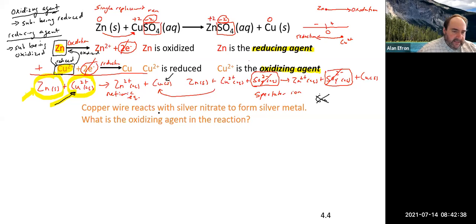So let us first look at what the overall reaction is going to be. In this case, we are going to have copper wire, which is basically solid copper, so it would be just copper. Again, no charge as it's by itself. It reacts with silver nitrate.